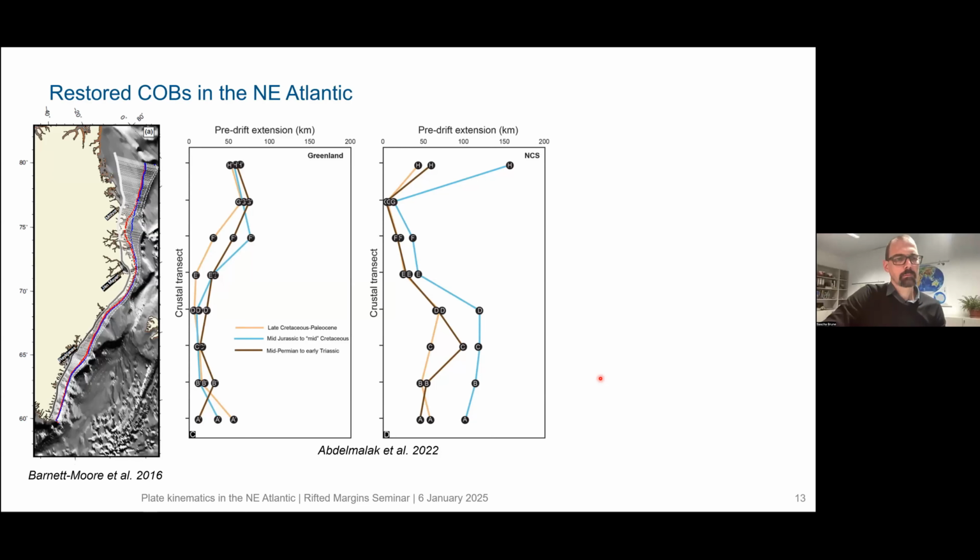Okay, so people have done this before, and here I show the restored continent-ocean boundaries for the Northeast Atlantic. Barnett-Moore used it in 2016 and Abdel Malak in 2022. You can see in the study that we have individual information about fugitive extensions on both sides of the margin.